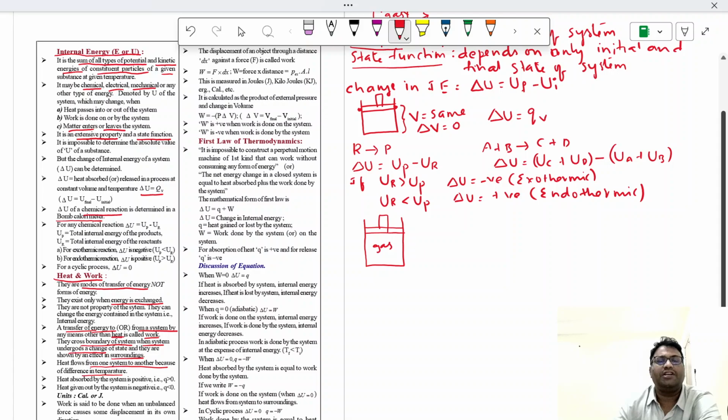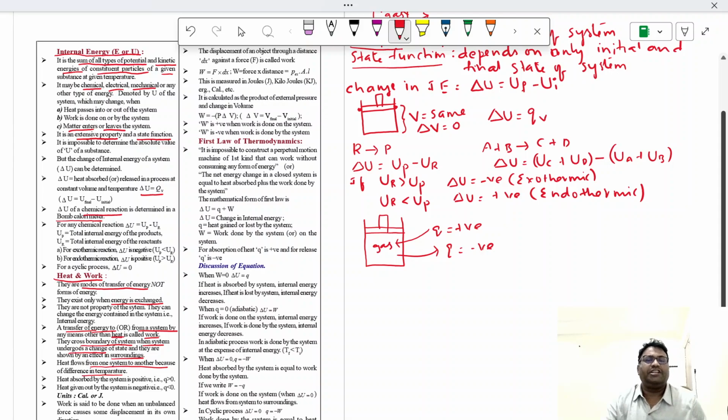If this boundary is allowing the heat to flow, diathermic wall or diathermic boundary, then Q can enter into the system. That means heat can enter into the system or heat can flow out of the system. When heat enters into the system, then we say that Q is taken as positive. When heat leaves the system, then Q is taken as negative.